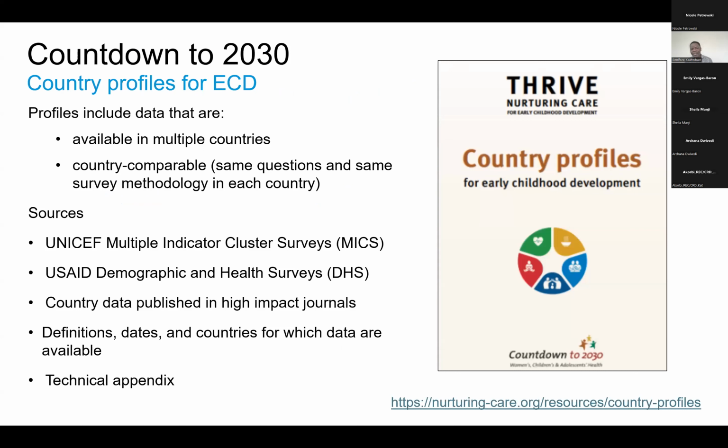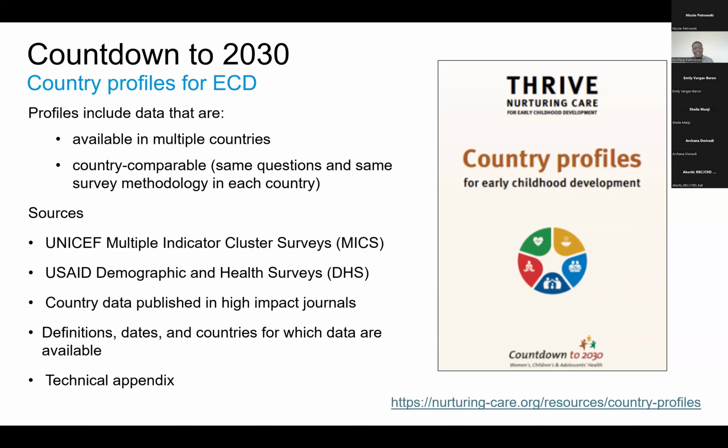You might have heard of the Countdown to 2030. These are the profiles for ECD. So these profiles include data that is available in multiple countries, and good to say that it's also comparable. Same questions, same survey methodology, in each country. This is rare, to have a standardized tool like that, and we are privileged that we have the profiles so that we can have data that is comparable.